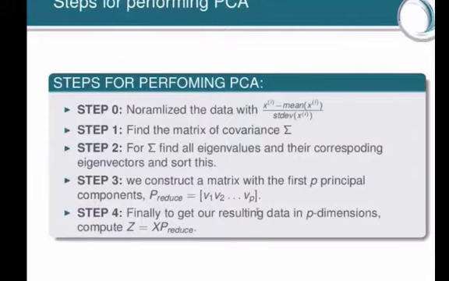Finally, to get our resulting data in p dimensions, compute C equal to X by P reduced. Now, C is an n by p data matrix that is the result of PCA.